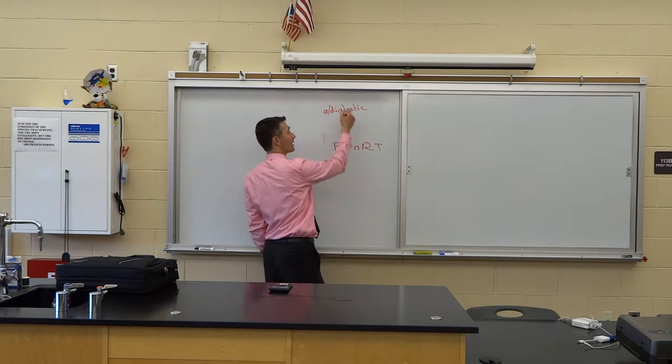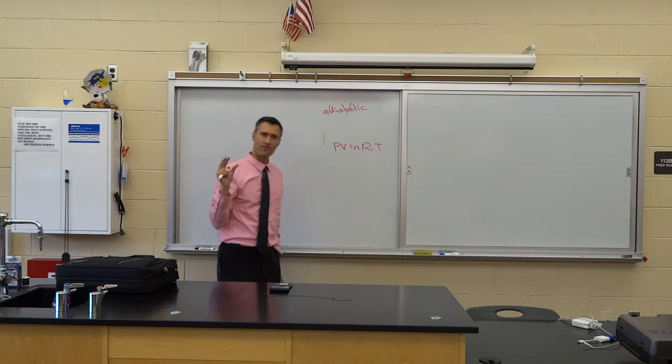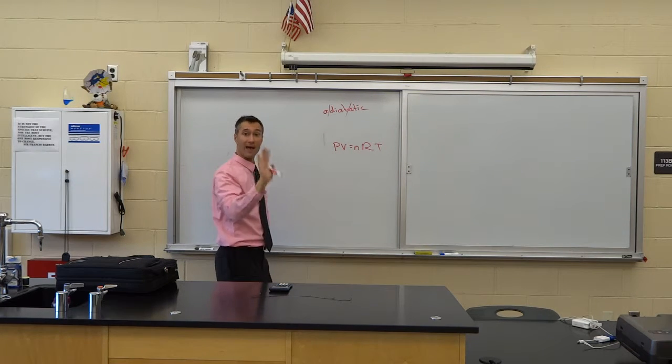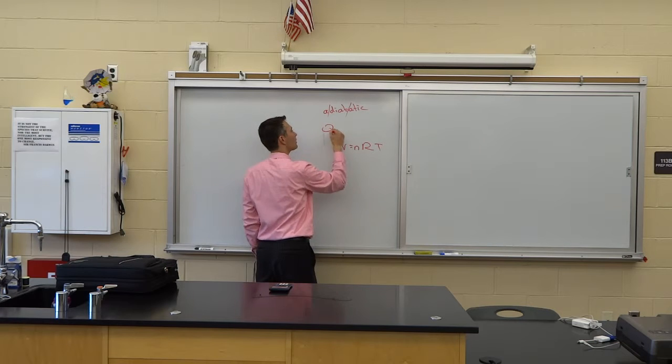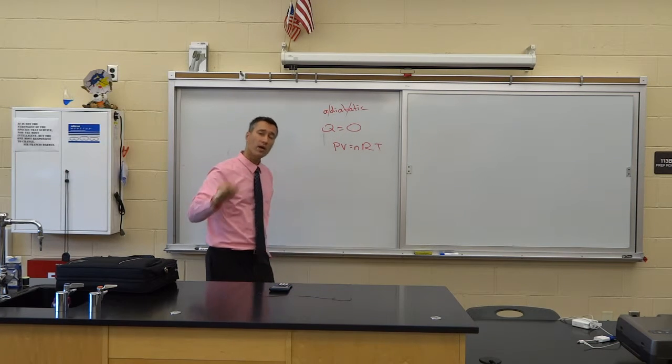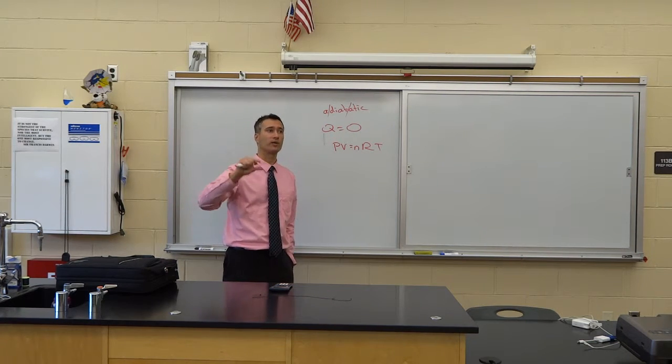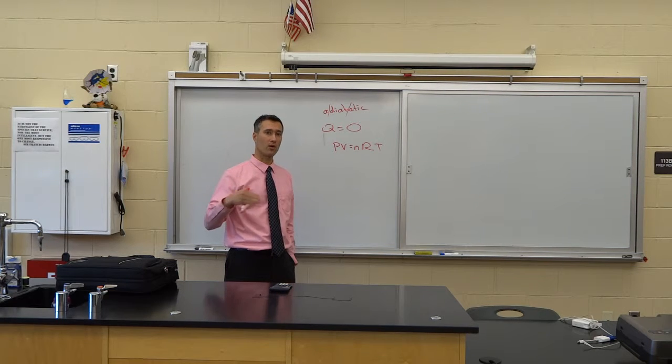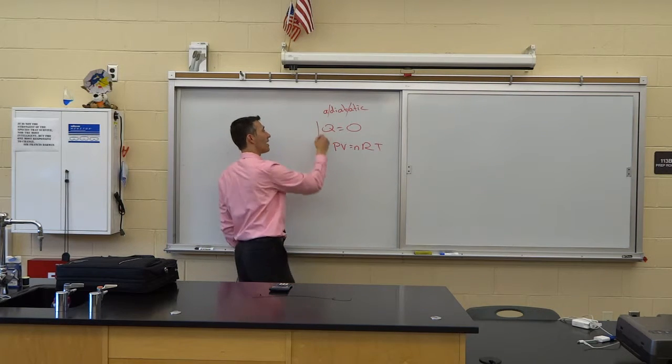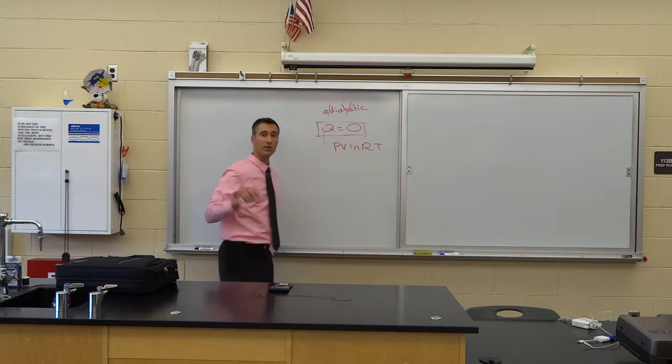So adiabatic, what do you call it? The best way I have to remember that, well, adiabatic means there is no heat exchange between the system and the surroundings, right? No heat exchange whatsoever. So by definition, the Q is equal to 0, end of story.